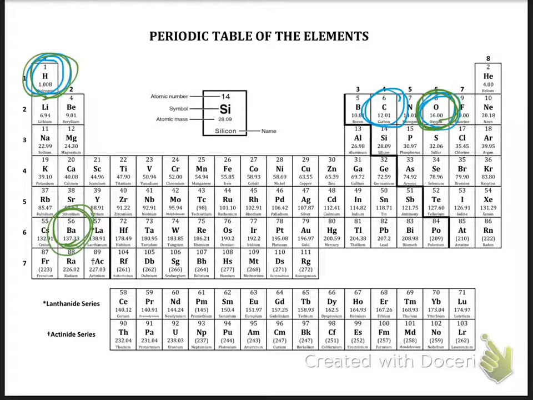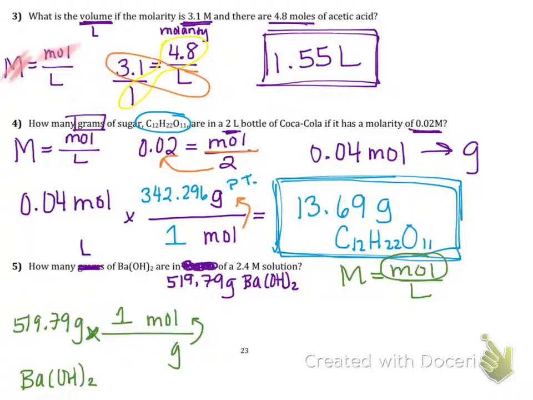I have 1 barium, 2 oxygens, and 2 hydrogens. You're going to add all of those up together. And hopefully you get 171.34 grams. And we're going to convert this to 3.03 moles.